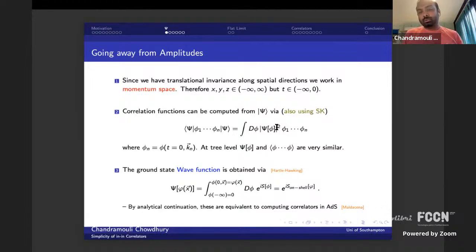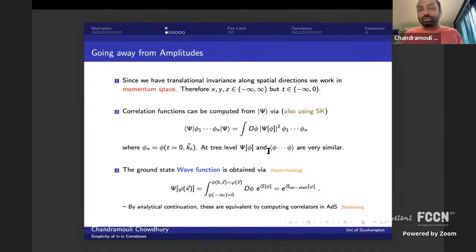In fact, you would imagine that if you were able to compute psi, or if somebody gave you what psi was, you would be able to compute this correlator. And for cases when you're working with the Hartle-Hawking vacuum, psi and these correlators at tree level look very similar.